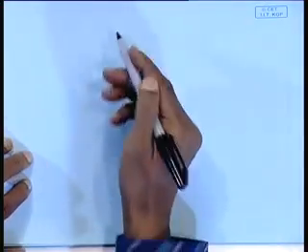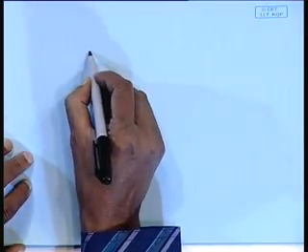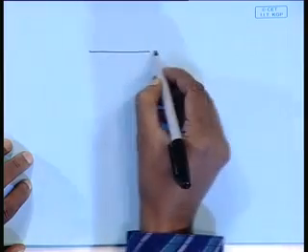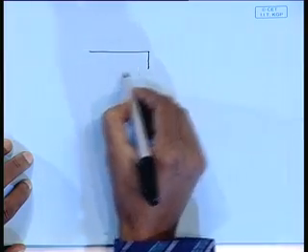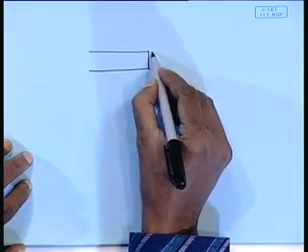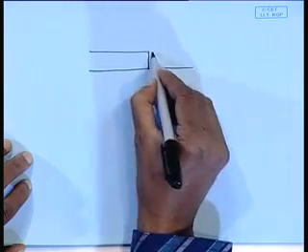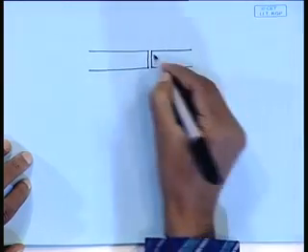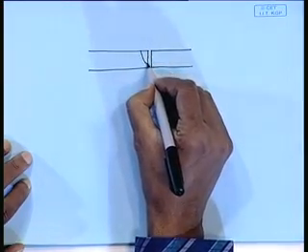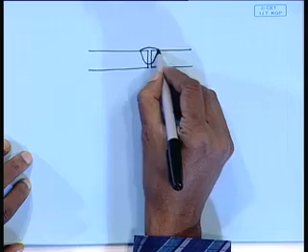Then lack of penetration. Suppose again a butt weld is being done, and the fusion zone looks like this.